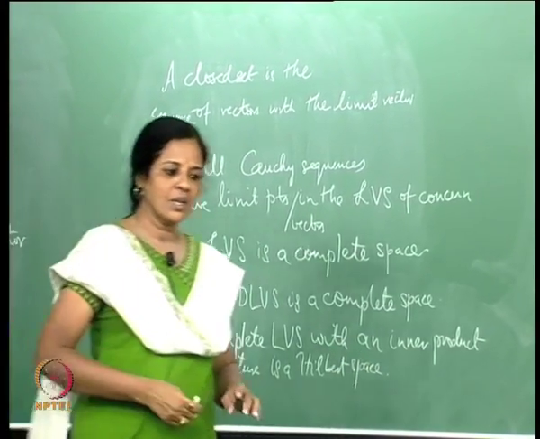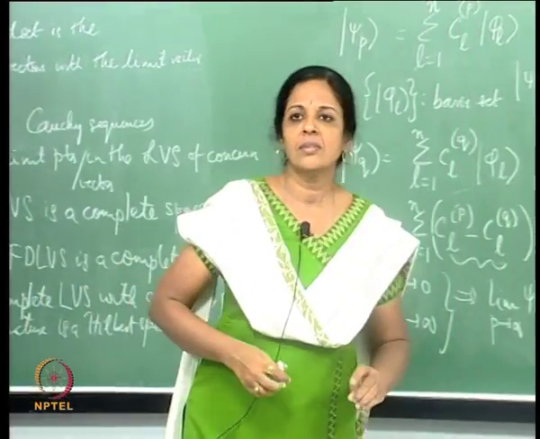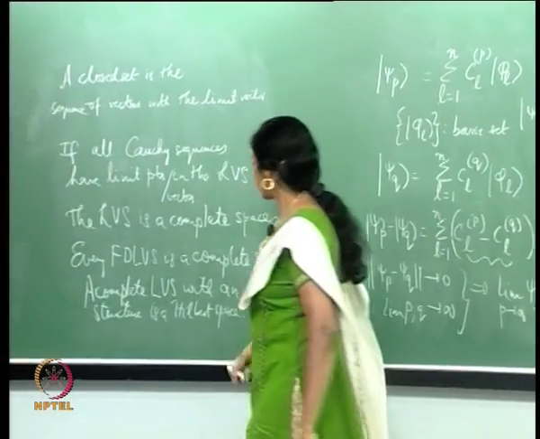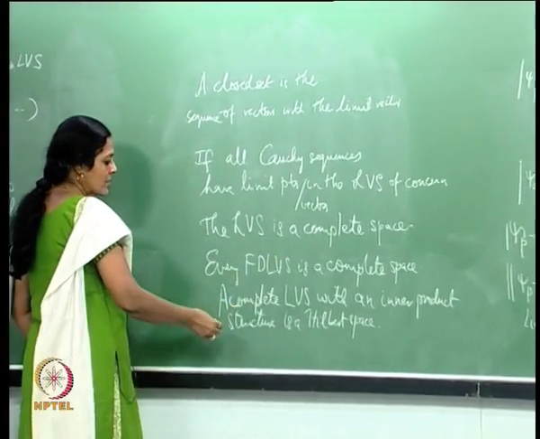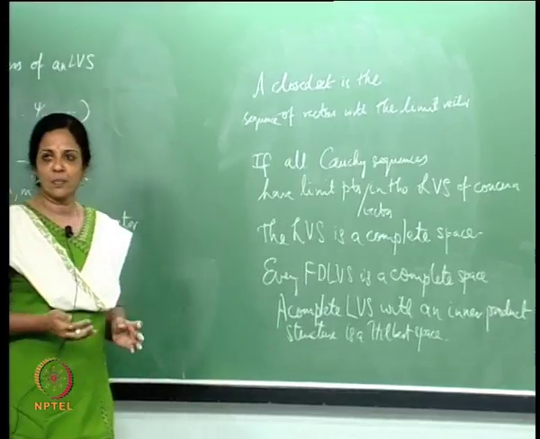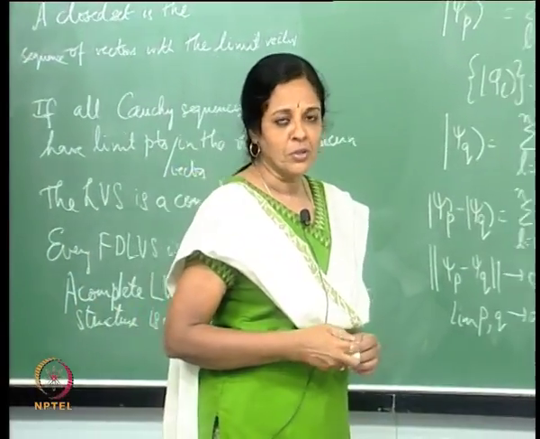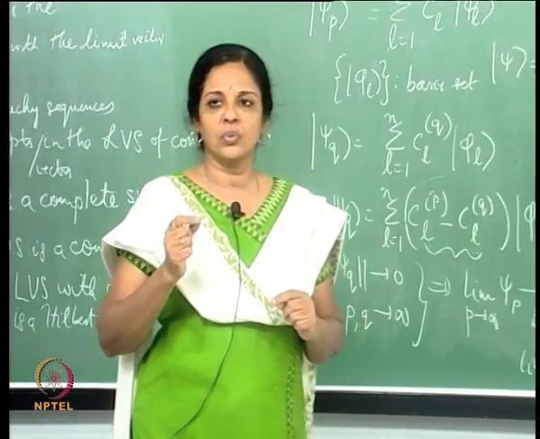Hilbert spaces are what we use in quantum mechanics. Since every finite dimensional vector space is a complete space, and since we have defined inner product structures, you have already looked at several examples of Hilbert spaces, except that I have not used the word.